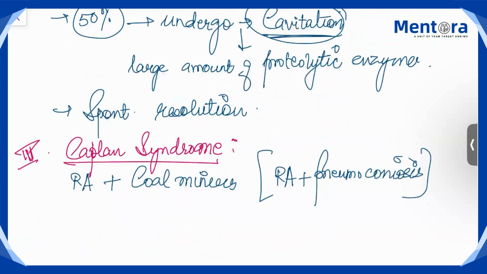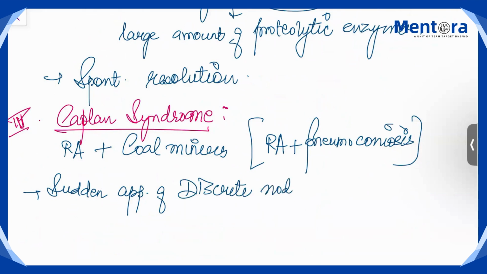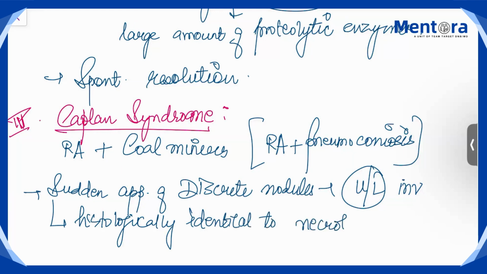And there will be sudden appearance of discrete nodules, again primarily with upper lobe involvement, and these are histologically identical to rheumatoid necrobiotic nodules.